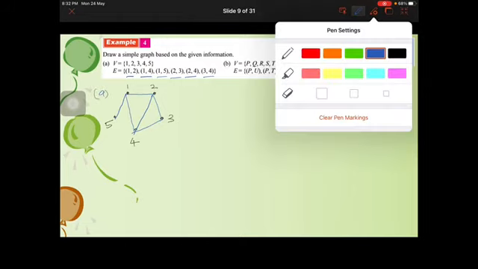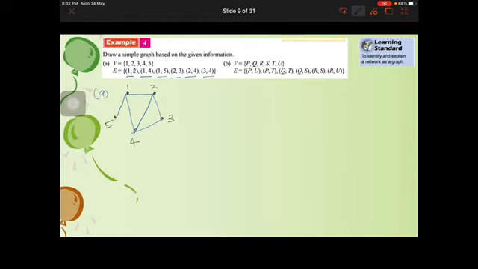Now, how about question B? Okay, we have P, Q, R, S, T, U. So let's say we write P, Q, R. Let's say I want to write S, T, U here. Okay, so let's do the vertex so that we can connect the edge.